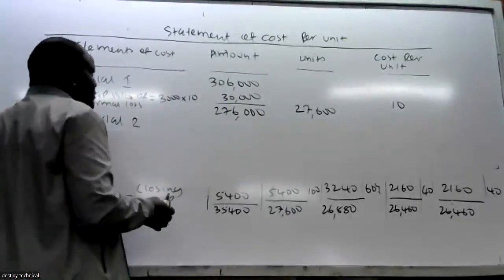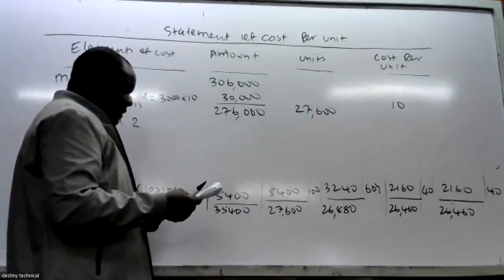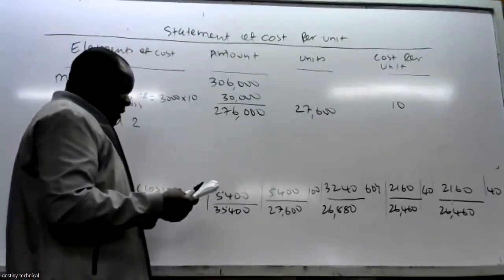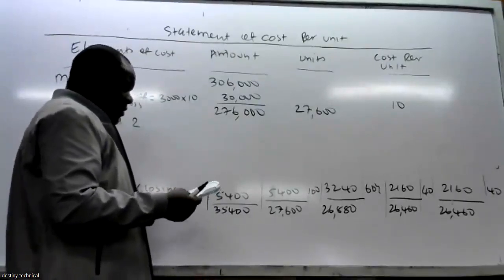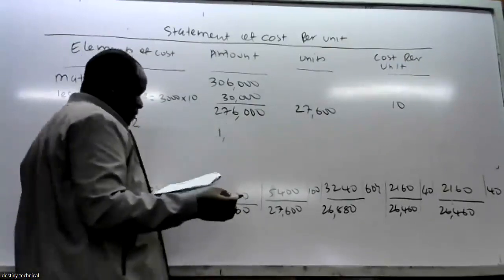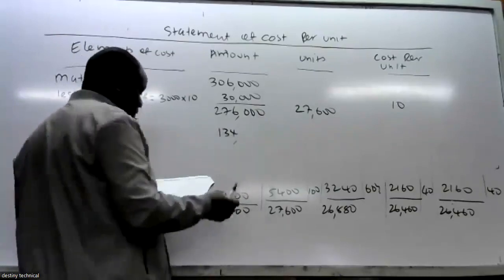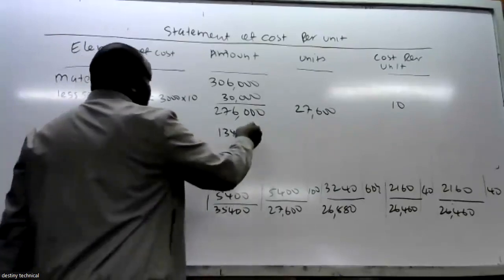Material 2 is what was transferred in, in note number 2. So when you go to note number 2, they gave you 134,400.